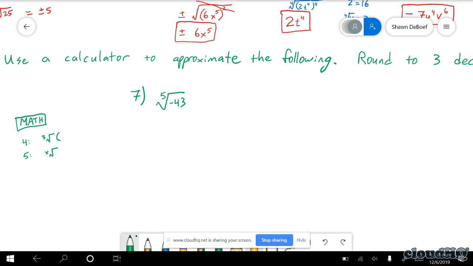And then there's a spot for you to type in the 5 in that position. If you click the button and it doesn't bring you to a flashing spot like that, then that means you probably had to hit the 5 first. But if you have a graphing calculator, just put a 5 in that spot, then you can arrow to the right, type in negative 43, and then it will do the work for you.